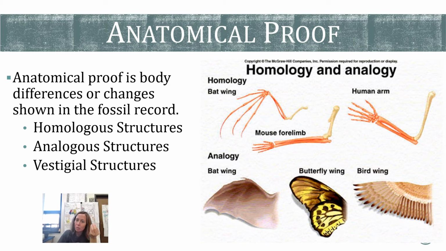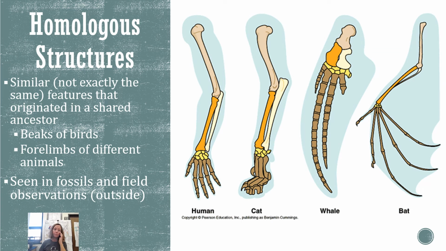Bat wings are used to fly. Human arms are used to grab things and manipulate objects, whereas mouse forelimbs, their arms, are used to run. Okay, makes sense? So different uses, but the same underlying structure would be homologous structures, and that came because of divergent evolution, meaning they have a common ancestor who became different and became different organisms.